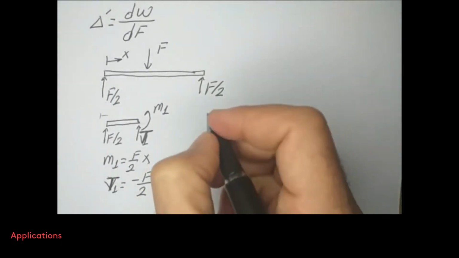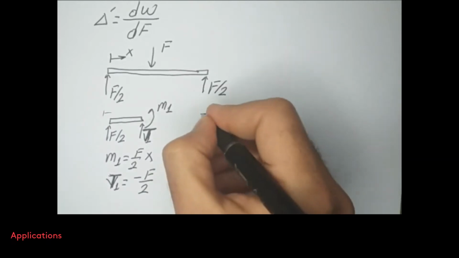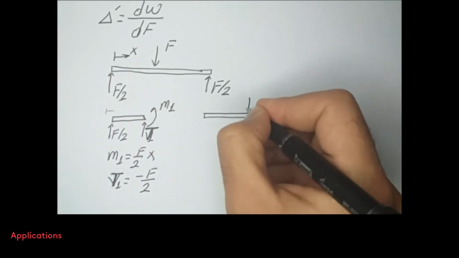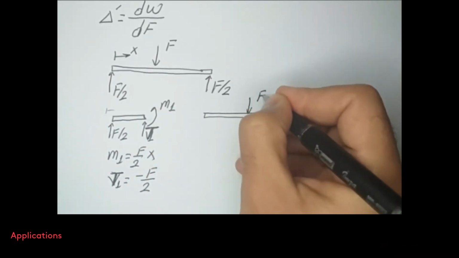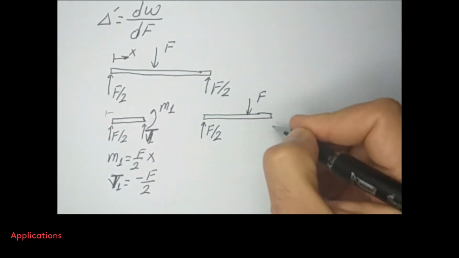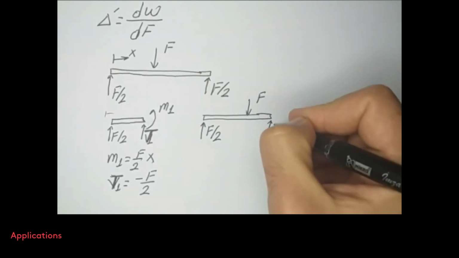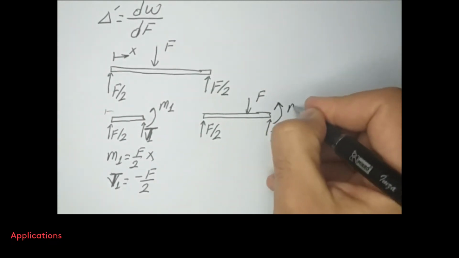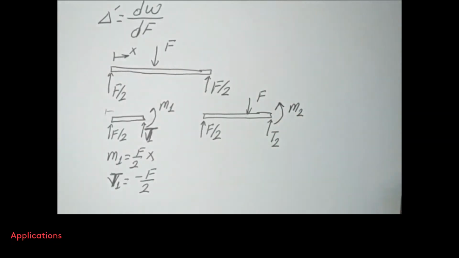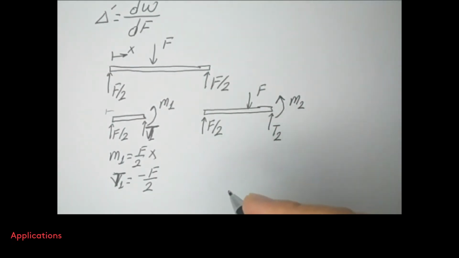Now I will make the second cut. This is force F. This is F divided by 2. I have T2 and I have M2 here. So now I can easily see that T2 is equal to F divided by 2.